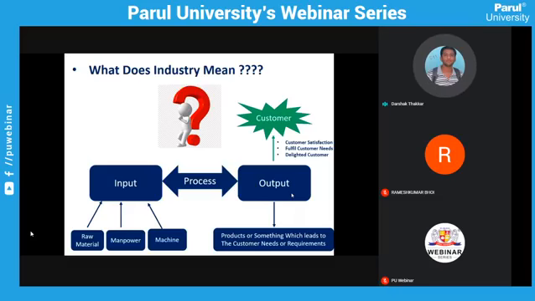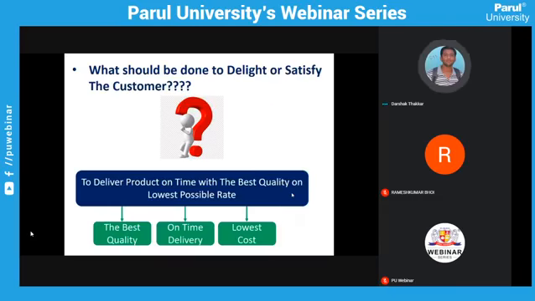So it is our main aim to satisfy the customer requirement. To do this, we have to give the best quality product, with the lowest minimum cost, and on time delivery, right? So these are the three main factors, right?